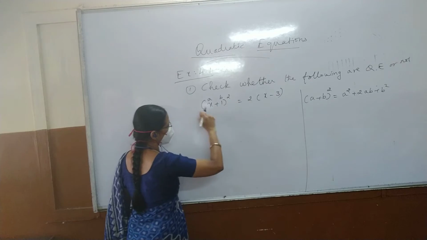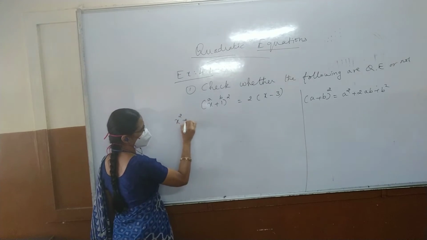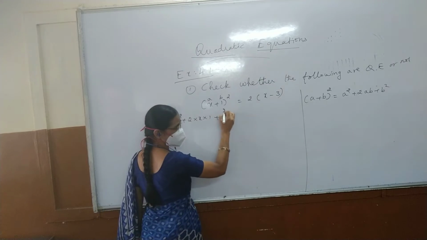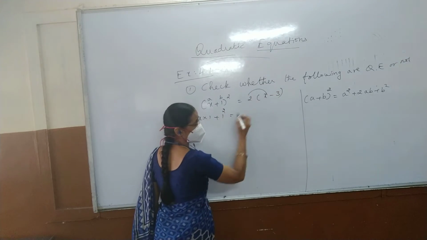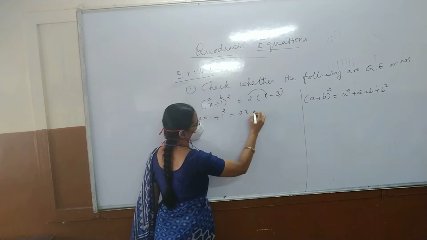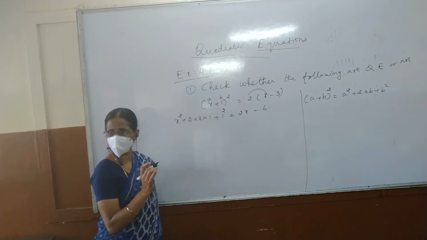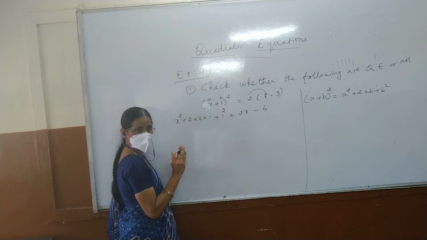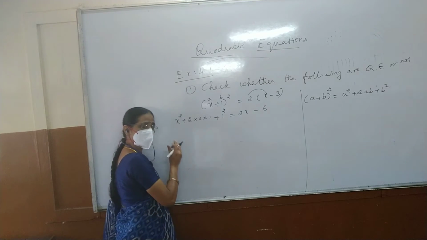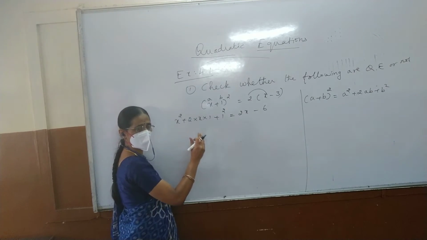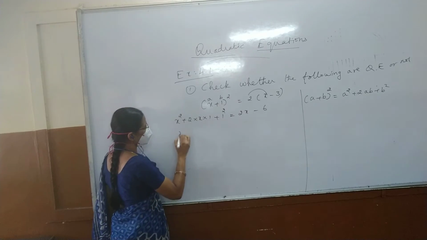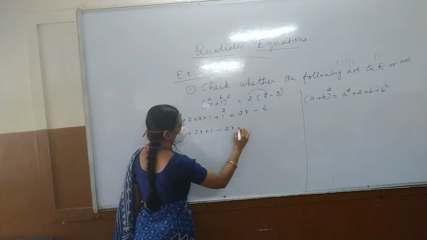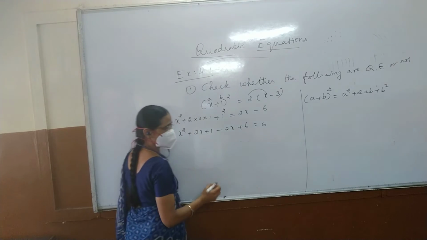Can you apply this and tell me? x squared. Left side we should start with the x squared term, then the x term and then the constant term. So here it is x squared plus 2x plus 1 minus 2x plus 6 equal to 0.